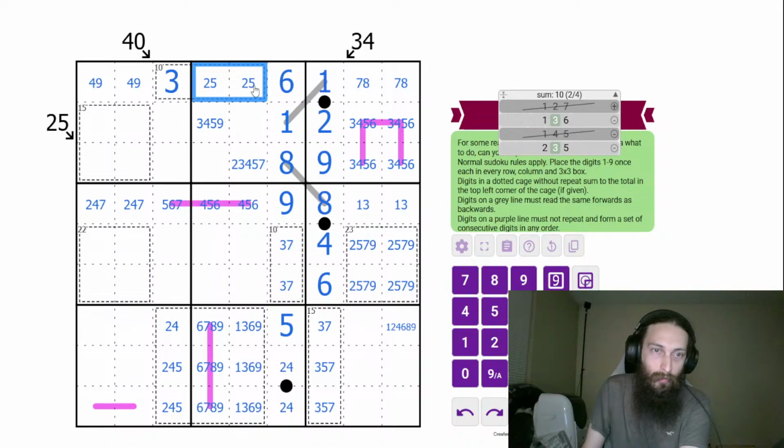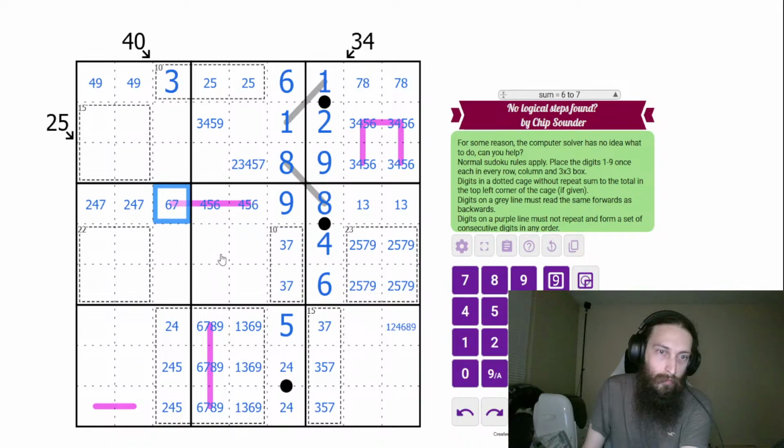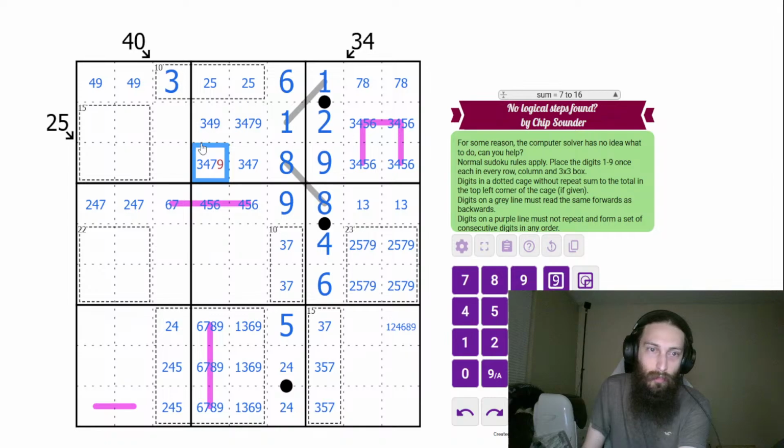Felt like we placed a 2 and 5 here. But maybe we didn't. But the 5 comes, and 2 comes out of what's listed in the box. 3, 4, 7, and 9. This can't be a 7.